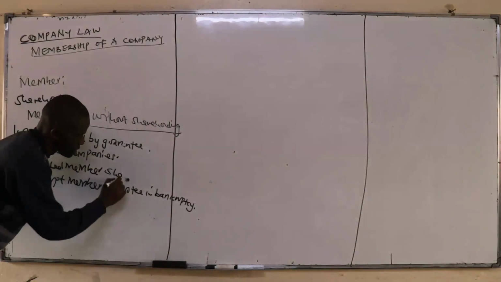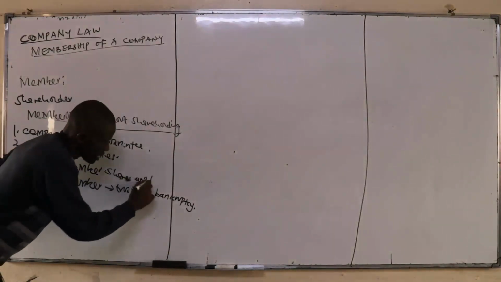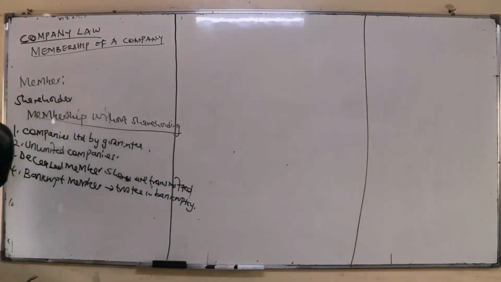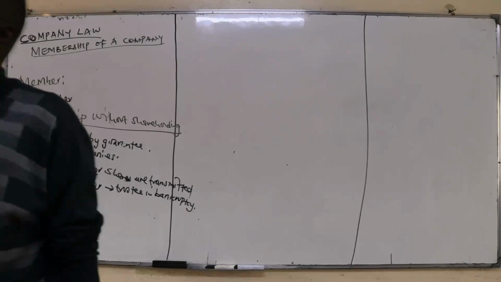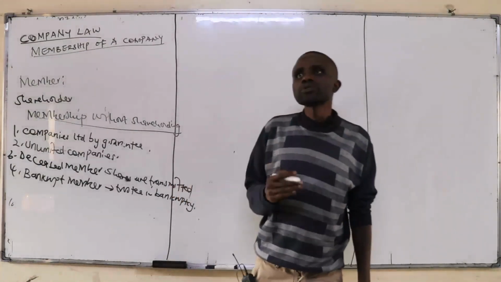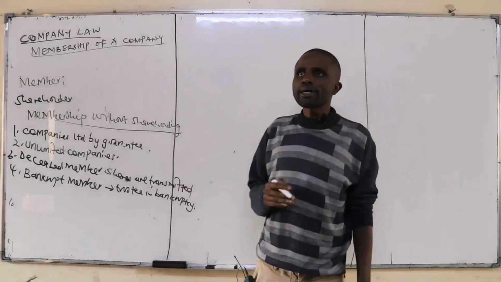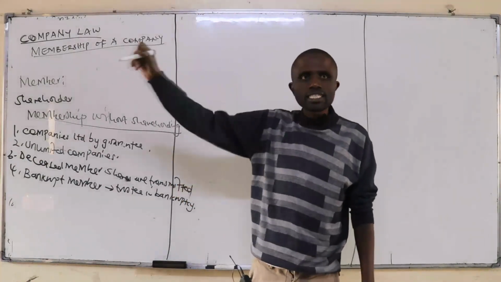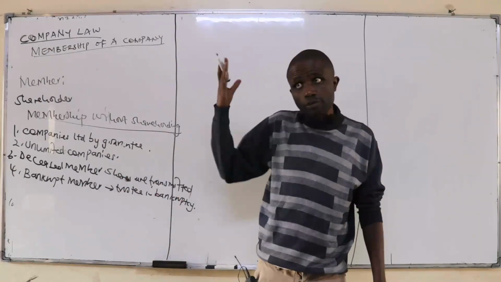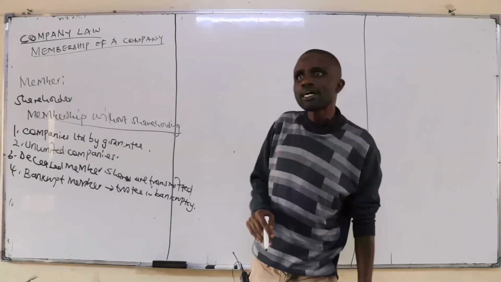Shares are transmitted. Immediately you are declared bankrupt, your shares are transmitted to the trustee in bankruptcy, and therefore you cease to be a shareholder. But as long as your name is still in the register of members, he's still a member. Until his name is removed from the register of members, he's still a member.